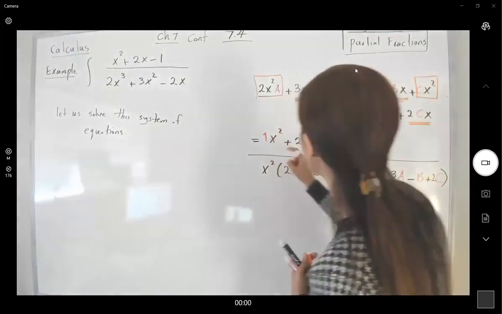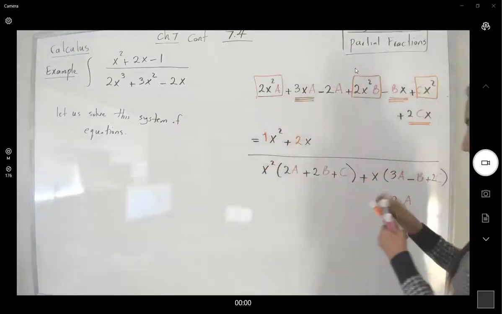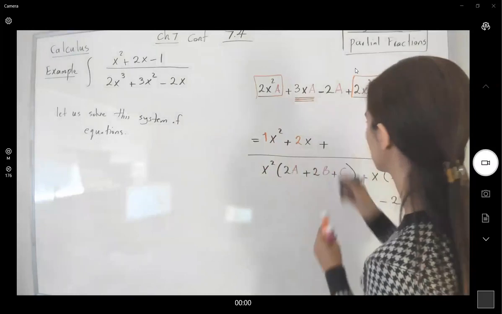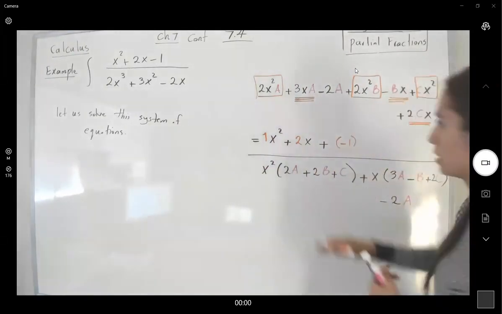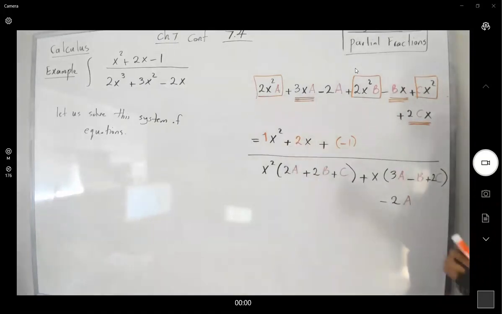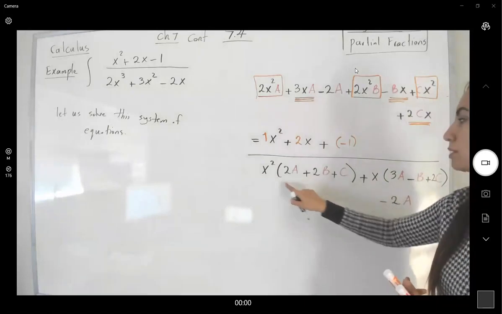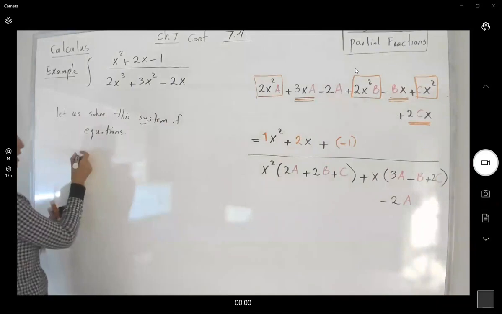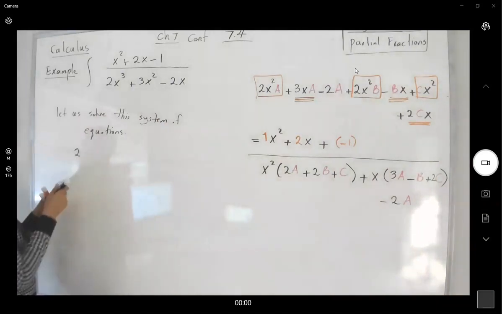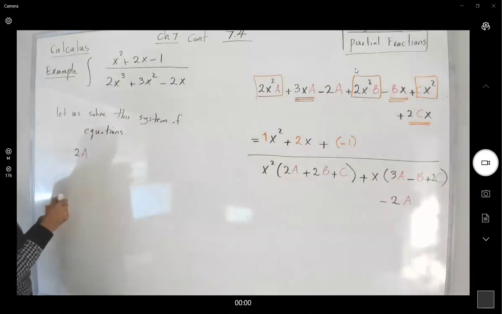Here you have 2x plus negative 1. So two quadratic expressions are the same. It means that x squared and x squared are the same, so their coefficients must be the same as well. 2a plus 2b plus c is 1.